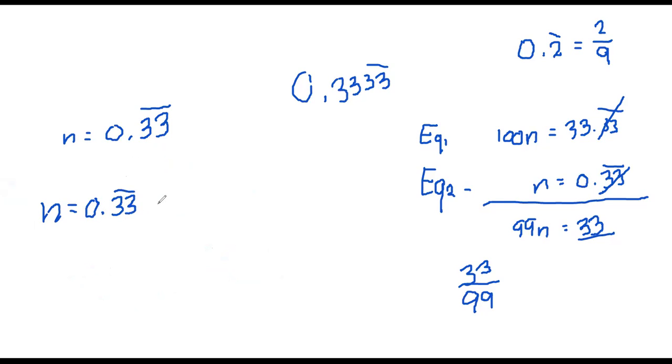How many places do we have? 100 places. Pwede nyo isulat na 33 over 100 yan. Kaso, hindi 100 ang ilalagay natin kasi may bar. Kapag nakakita tayo ng bar, isinusulat natin is minus 1 lang lagi sa denominator. Instead na 100 ang ilalagay natin dahil may bar, minus 1 lang. Okay? So, it will become 33 over 99.